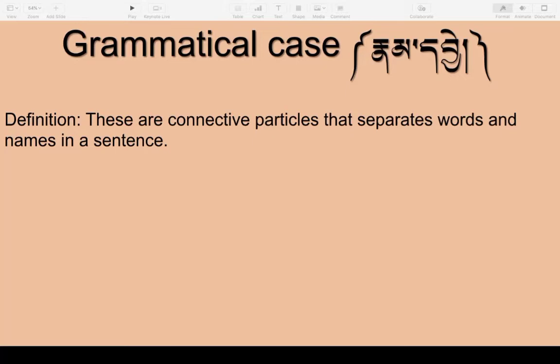So it will connect two separate words and names. This is the function of the grammatical case, and there are 8 grammatical cases. The first, the second, the third, the fourth, the fifth, the sixth, the seventh, and the 8th grammatical case, and we will learn about all of them in this course.